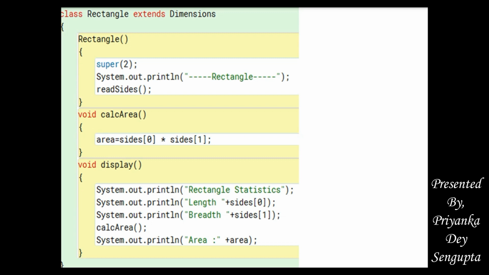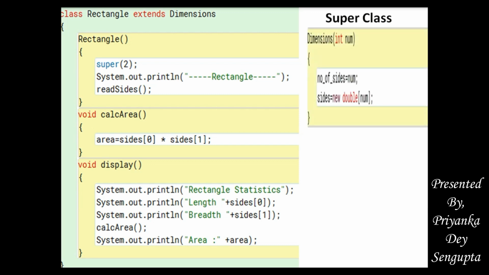Now see the next subclass, class rectangle extends the superclass dimensions. Next we have the subclass constructor rectangle. The first line of the subclass constructor is always calling of the superclass constructor with the keyword super. Here we wrote super 2 because though we have 4 sides of the rectangle, only the length and the breadth are different, which we give as input.